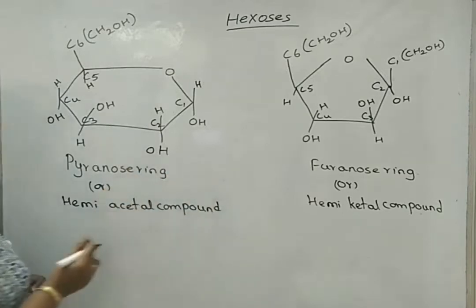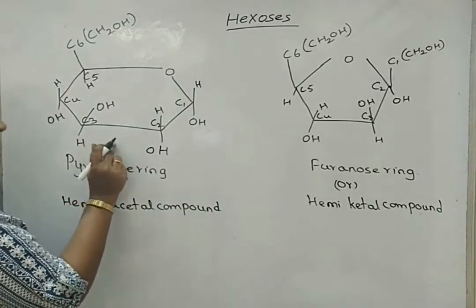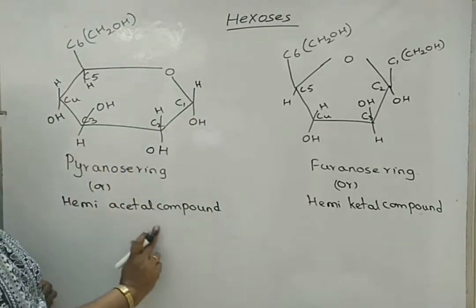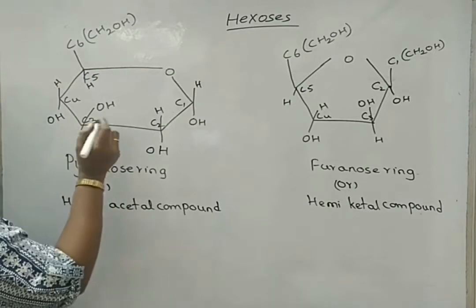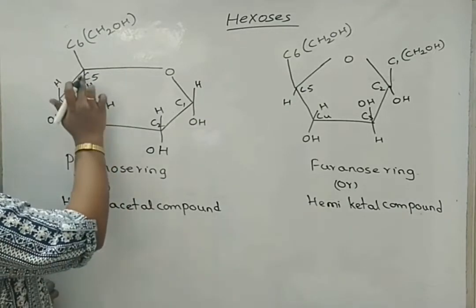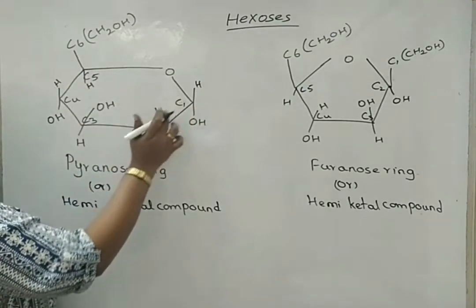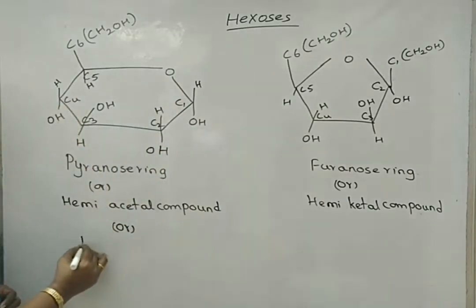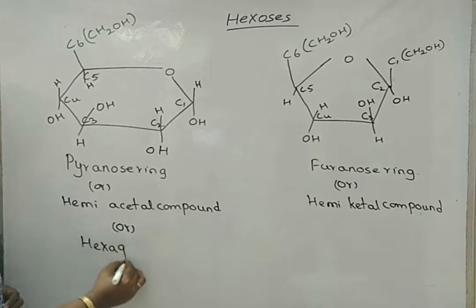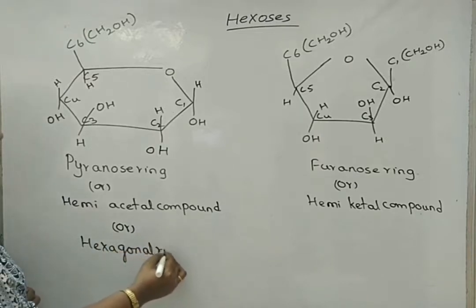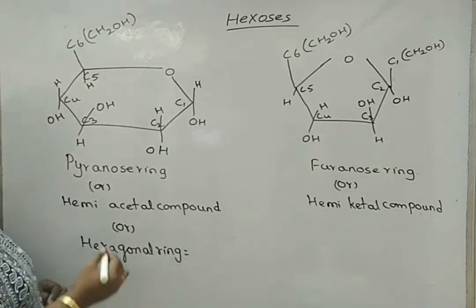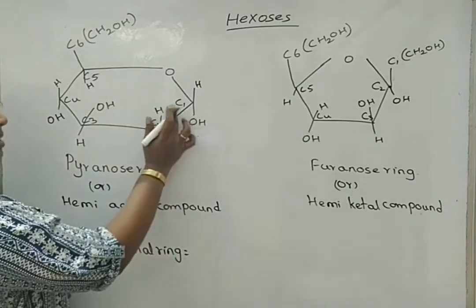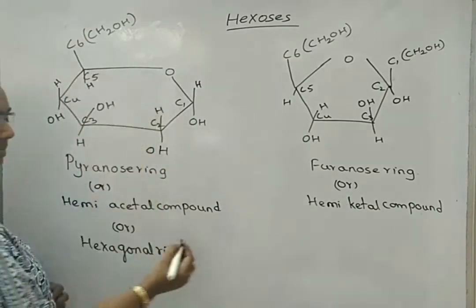Now, one more point. The pyranose ring, or hemiacetal form, how many sides does it have? 1, 2, 3, 4, 5, 6. So it is also called a hexagonal ring. The name is given because of the existence of 6 sides in the ring.